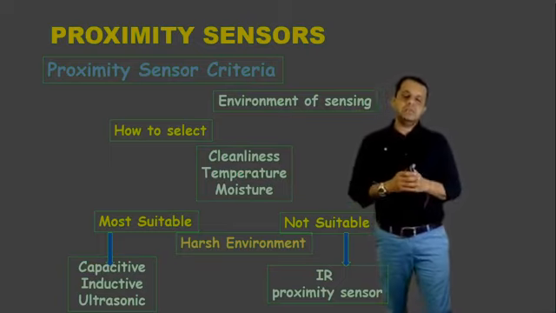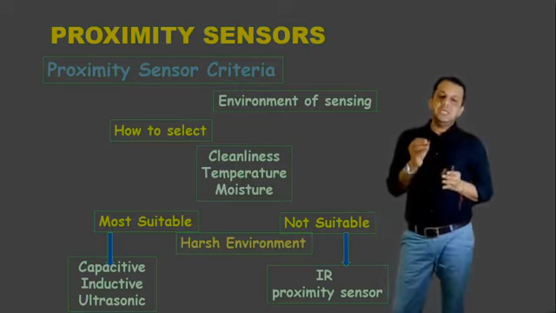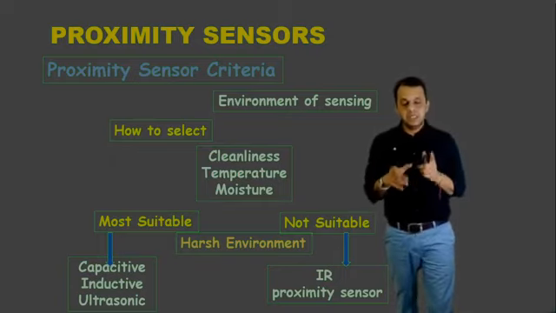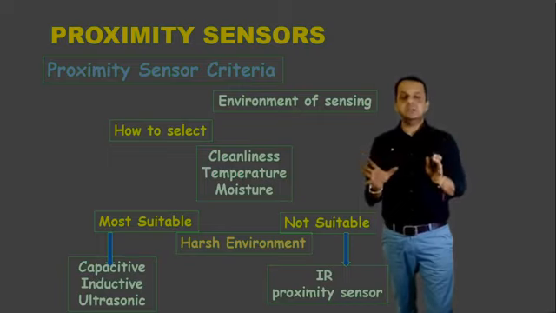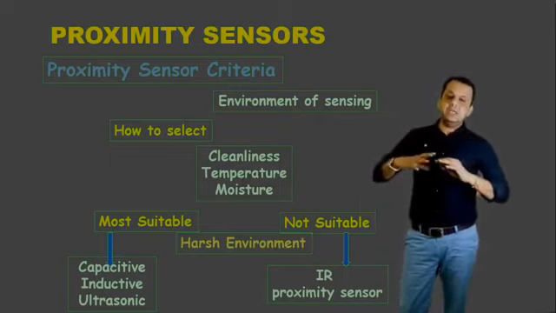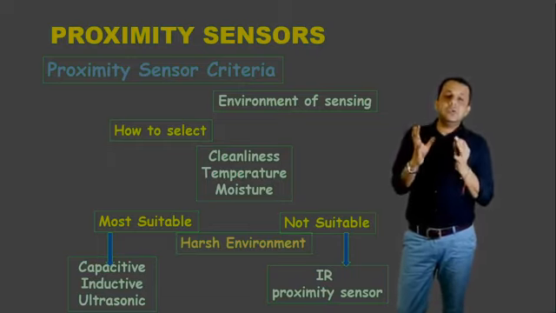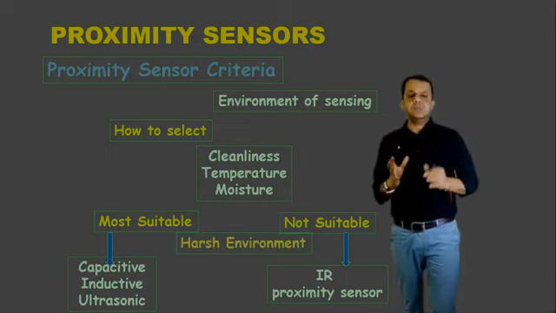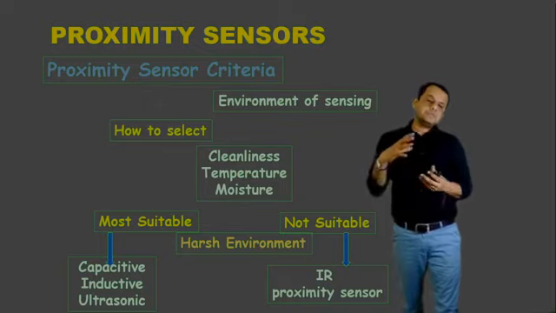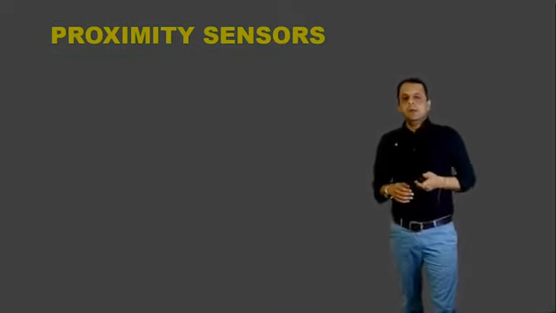IR proximity sensors have a very small range of sensing, so they will not be useful for a harsh environment. And keep in mind, wherever these sensors are installed in industry, they are provided with specific ingress protection, IP, say IP65, IP67, different kinds of protections for these enclosures.